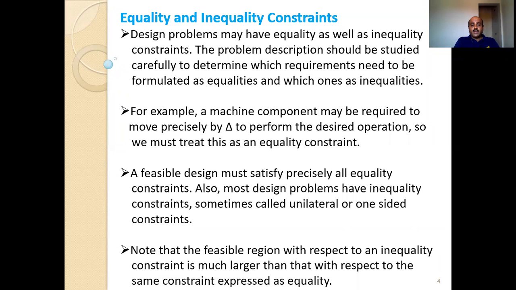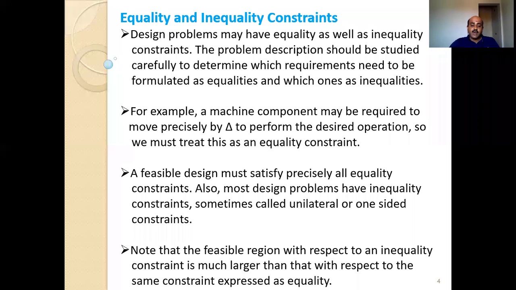One important thing: a feasible design must satisfy precisely all equality constraints. Most design problems have inequality constraints, sometimes called unilateral or one-sided constraints.